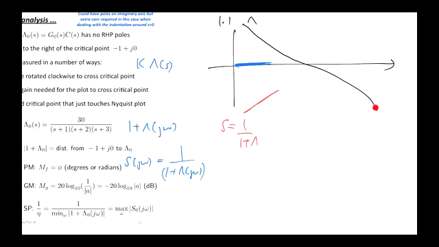At high frequencies, we want low sensitivity of the output to high frequency sensor noise, and that corresponds to making T small, and T, which is equal to lambda on 1 plus lambda, will be small if lambda is small, okay? But where lambda is small, S will be 1, okay?